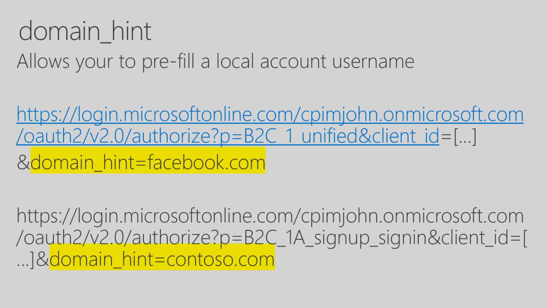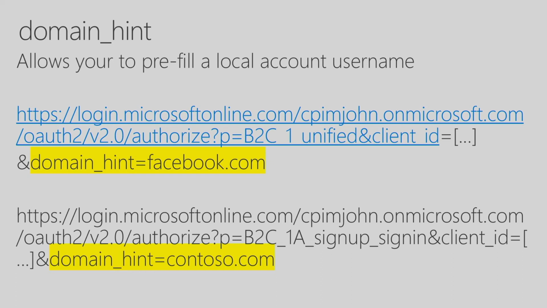If they click the Facebook icon, you know they probably want to sign in with Facebook, so you can skip past our page where we'd just ask them again. In built-in, it's pretty simple. You just do domain hint equals facebook.com, and we'll move you right along to Facebook. That also gives the nice benefit that if they're also SSO'd into Facebook, there's a good chance they'll see no UI at all. For custom, it's the same concept.